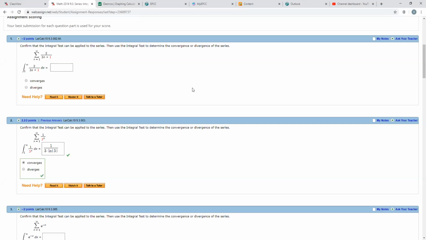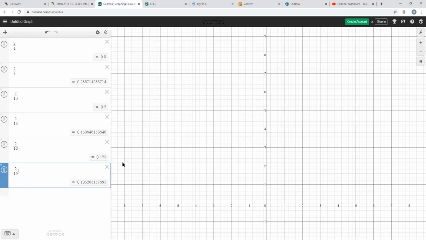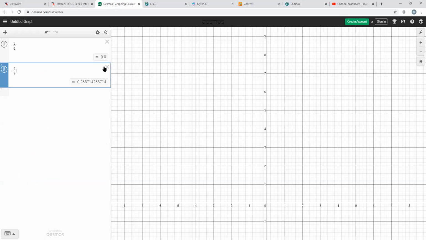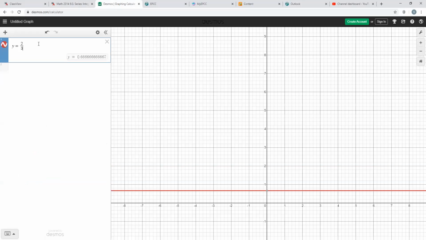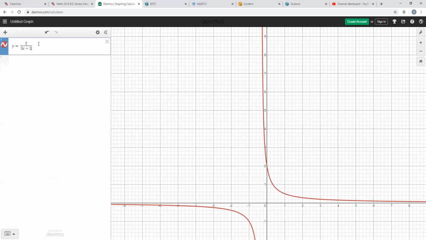Can you see the WebAssign page? Yes. Okay. And now the Desmos page, and we'll look at this graph. And I feel like that's the right graph.